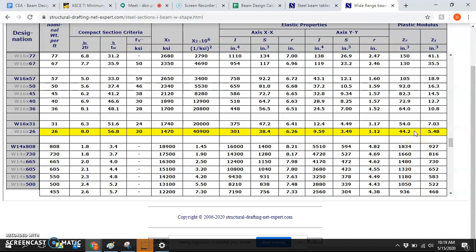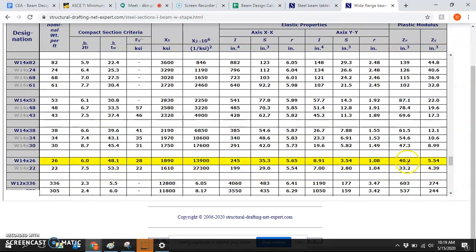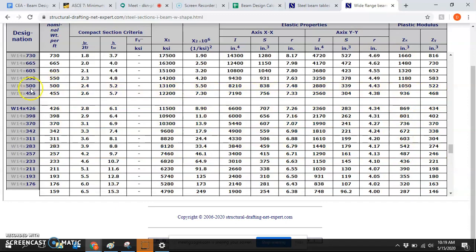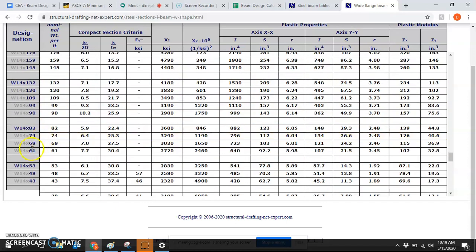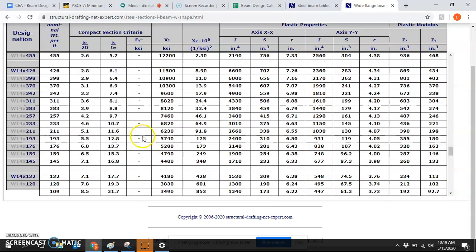If they weigh the same, I'm going to pick the one that is stronger. So a W16x26 has a strength of 44.2. The 14x26 is 40. So I'm going to choose the W16x26.